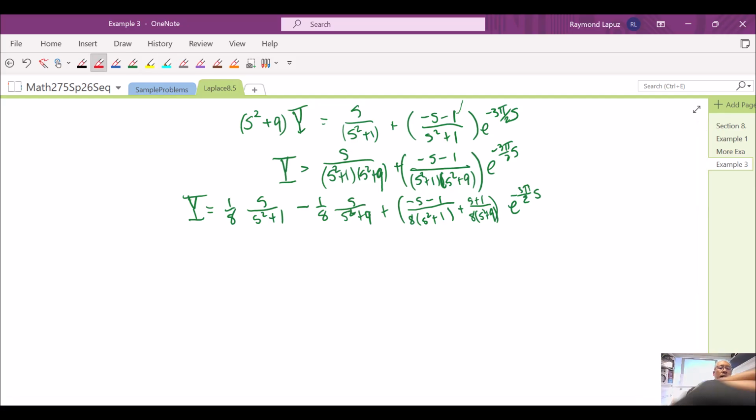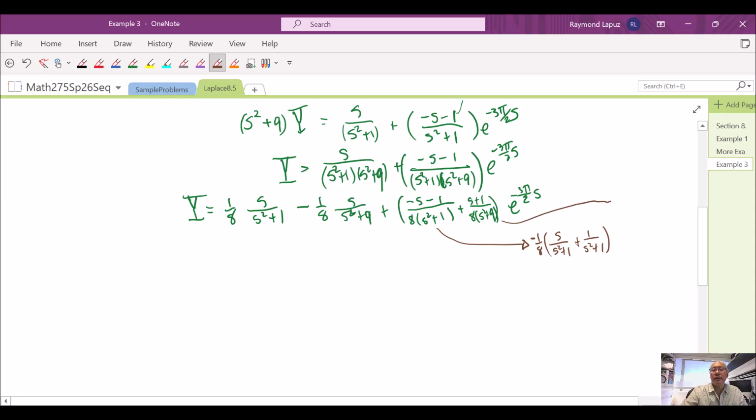This is a combination of sines and cosines, just for practice. This is 1/8, and there's a negative in both of them, so I'll take out a negative 1/8, and then this is going to be s over s squared plus 1 plus 1 over s squared plus 1. Trickier here, you do get that 1/8 again, and this is s over s squared plus 9, so that's not an issue. But the next one is 1 over s squared plus 9.